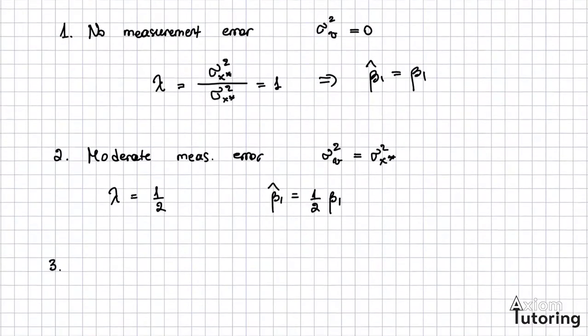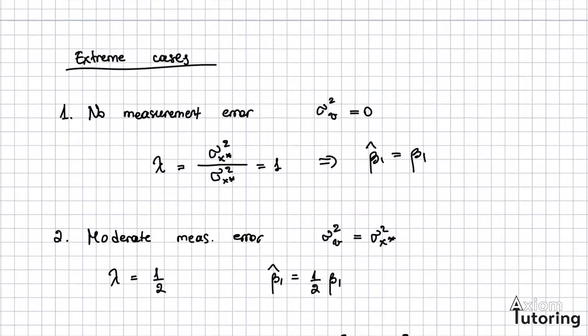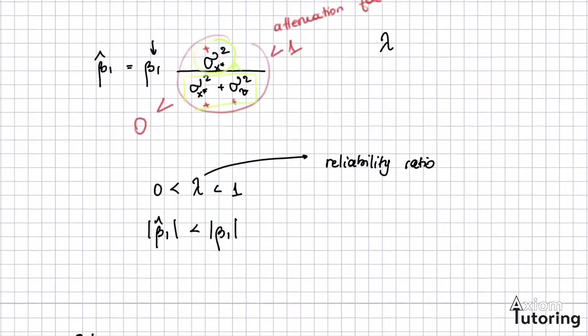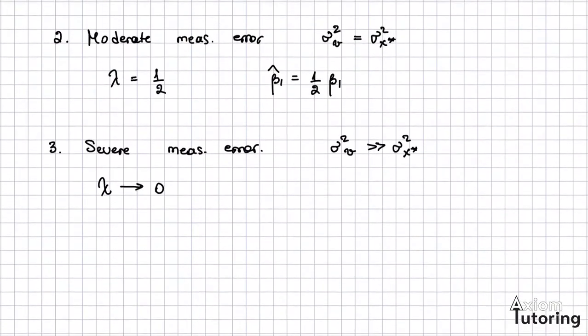And the case where you have severe measurement error, assume that sigma square V is a lot bigger than the sigma square X star. What you're going to see is that your attenuation factor is going to go towards 0. Because imagine this expression where your denominator, because of the sigma V, is getting larger and larger, so the entire ratio should be getting closer and closer to 0.